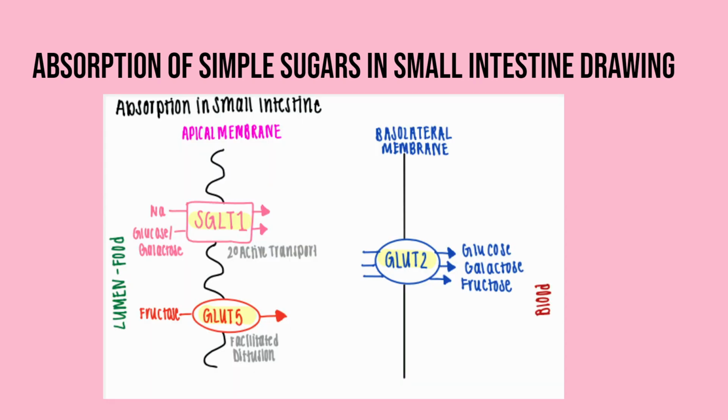So here's the drawing that I have on the board up on the slide. Okay, so here's what the names of them mean. SGLT1 is sodium glucose cotransporter.